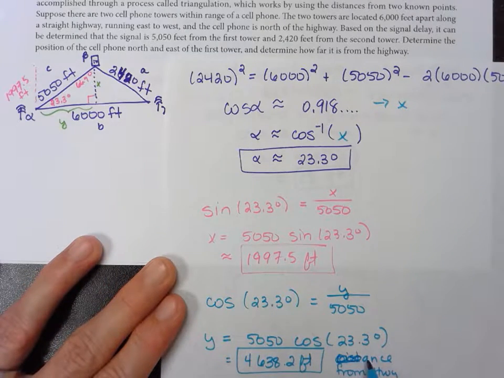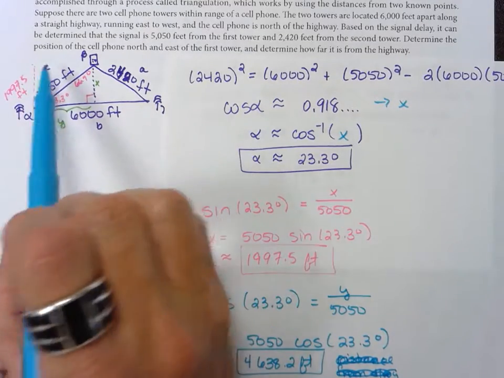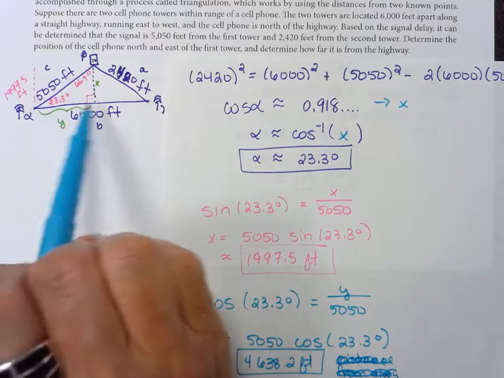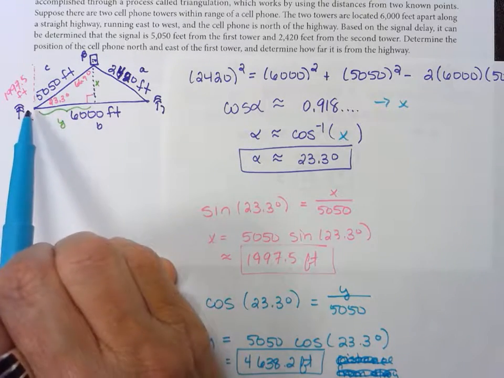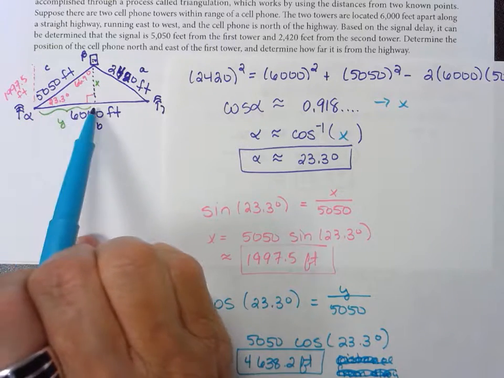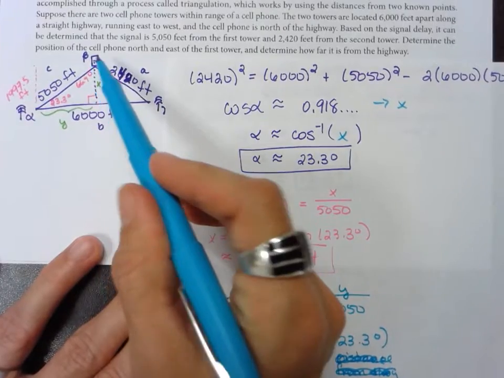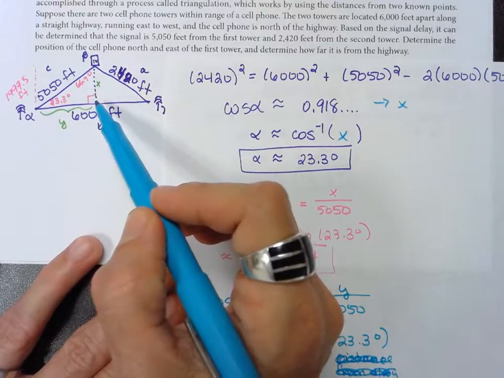This is not the distance from the highway. This is the distance from east to west. That's how far it is going east from the first tower. And x, this number here, is how far north it is. And x is also the distance from the highway.